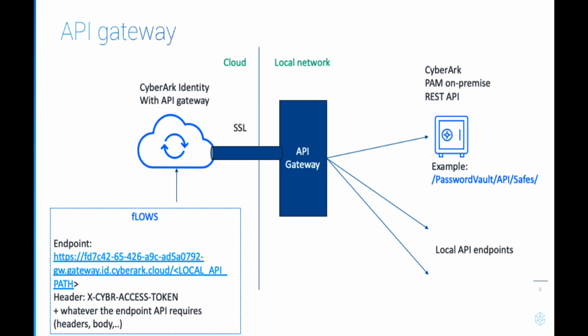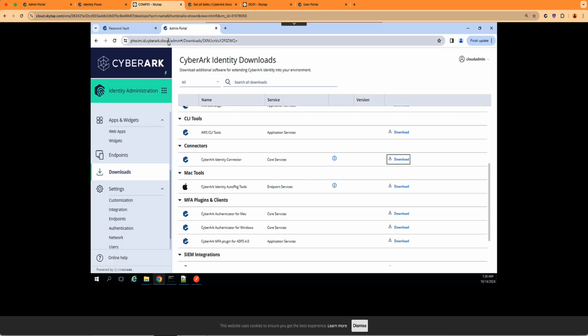To be able to do so, you need to have installed the API Gateway in your network, and ideally even multiple ones for redundancy purposes. This is something that you install on a Windows machine, and that has the capability to reach the local endpoint. So, to install that connector, you can go to the admin portal from CyberArk Identity, and in the downloads section, you will find the connectors.